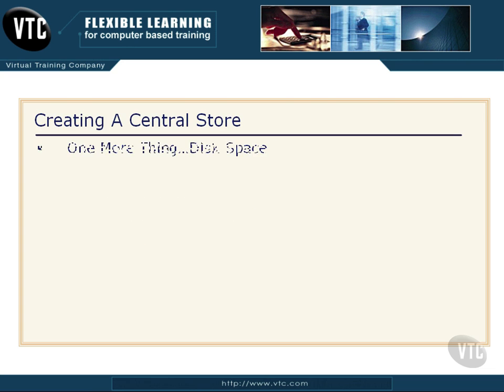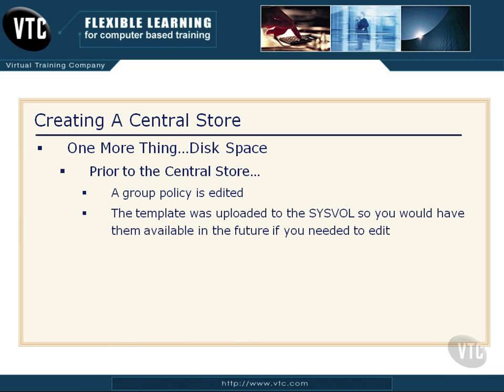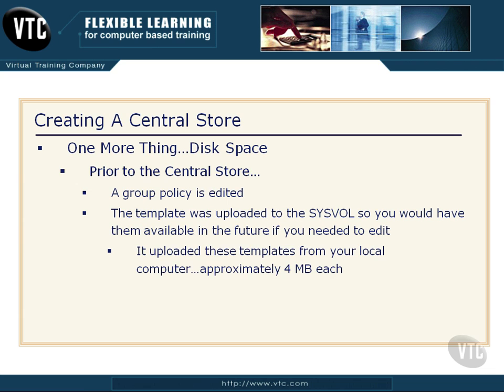And then there's one more thing to think about that brought us to this point of needing a central store, and that is disk space. Prior to the central store idea, if you went out and edited a group policy, the entire template that policy was based on was uploaded to the sysvol, so you'd have it available in the future if you needed to edit the settings.